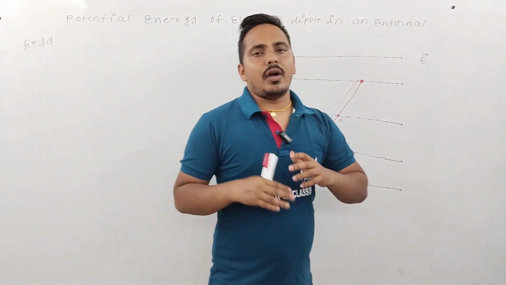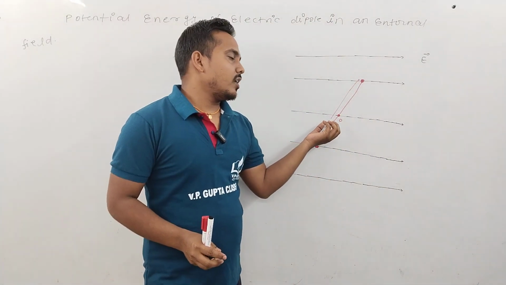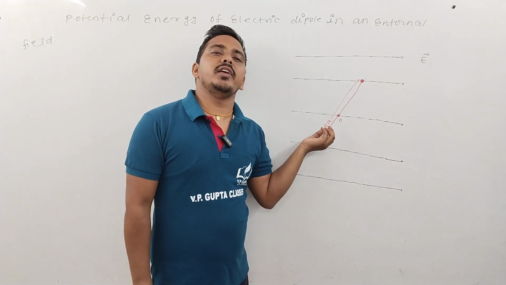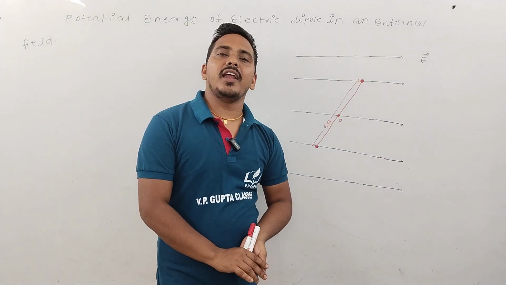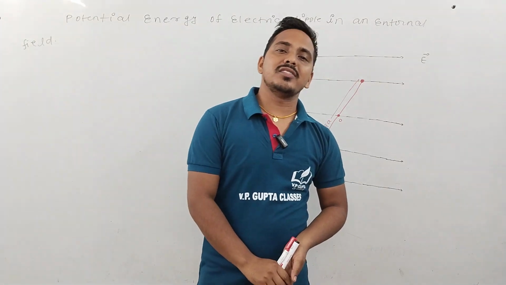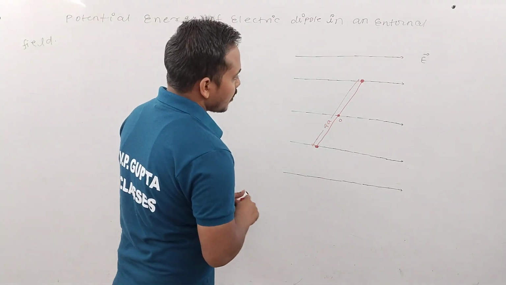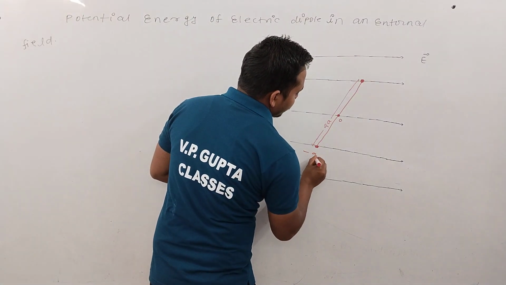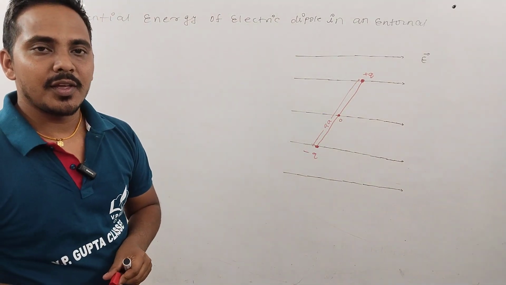We had already discussed that when an electric dipole is kept in a uniform electric field, the translatory force on the charges minus q and plus q is 0.